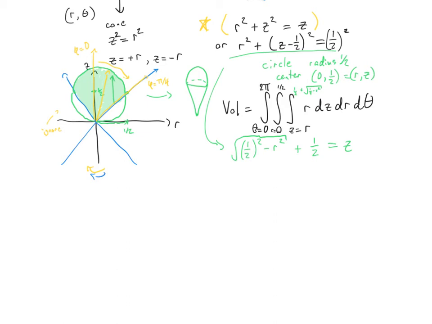So let's put it in spherical coordinates. So take that, and r squared plus z squared is actually rho squared. And z is just rho cosine of phi. And so this inner expression, this is the sphere in spherical coordinates.